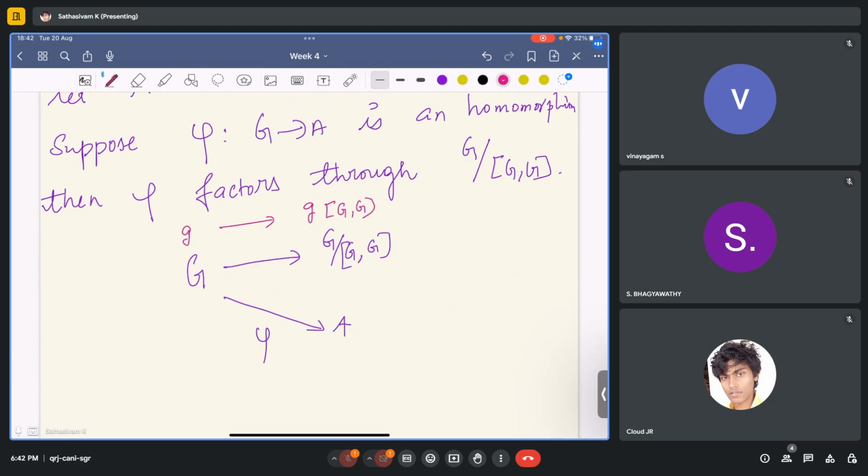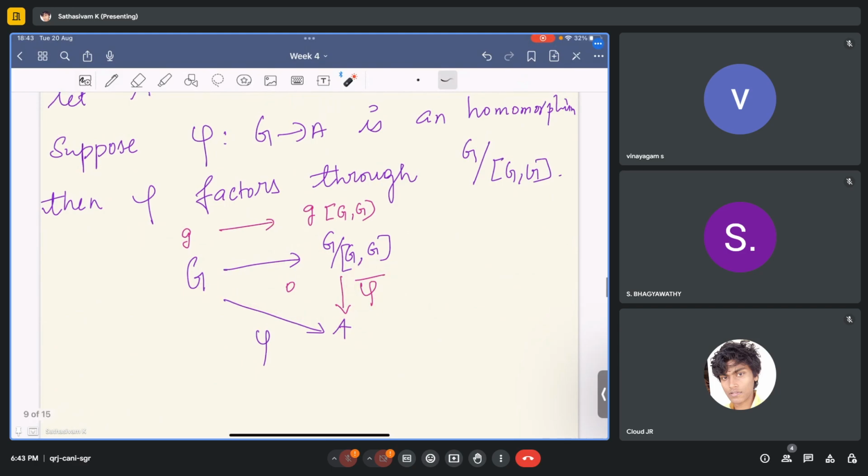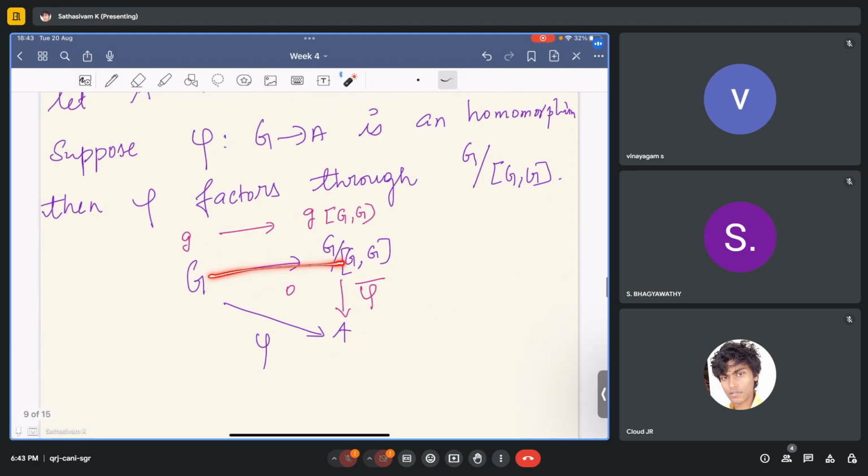So what happens is if you have a homomorphism from G to A, and if this A is abelian, then this map factors through the abelianization. So basically there is a phi bar here such that this diagram commutes. If you go from G to A directly, it's the same as going via the natural projection and then going here.